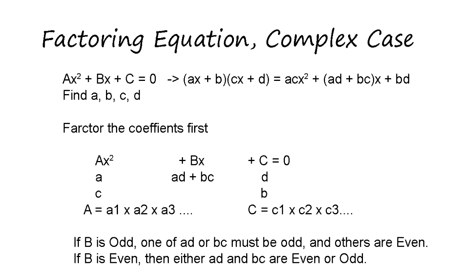Factoring equation, complex case. A factoring equation, ax squared plus bx plus c equals 0, is factored into (ax + b) and (cx + d). And so determining a, b, c, d is the job here.